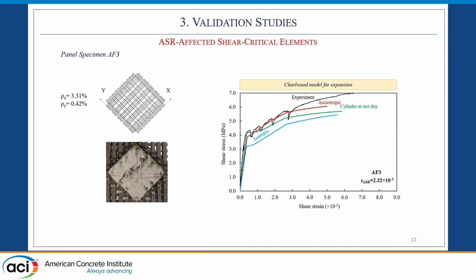In terms of the cracking strength, all three approaches result in a relatively conservative estimate, with the isotropic version of the analysis resulting in the most conservative of them all because of the most severe concrete degradation factors that were calculated. And among the three, the anisotropic model matches the experimental results more closely.